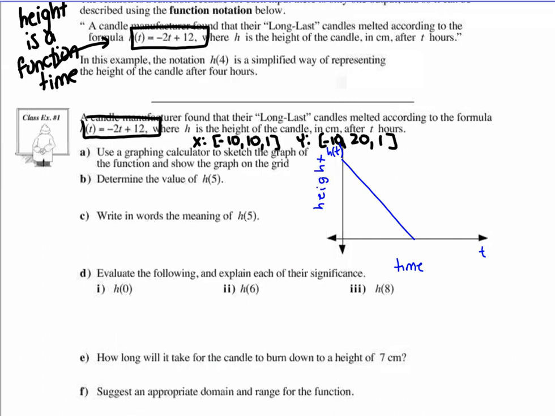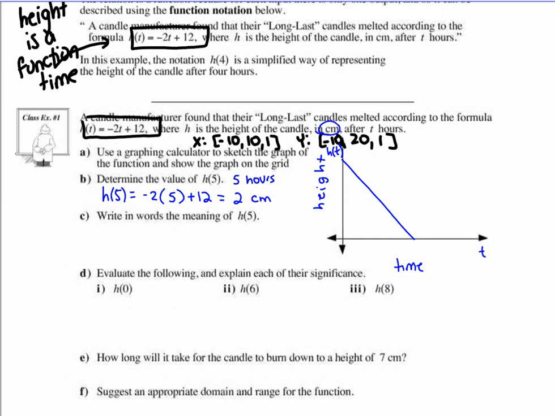It says determine the value of h of 5. So h of 5 would be at 5 hours, because our input, our time, is 5. It's inside the brackets, that's your input. So negative 10 plus 12 equals 2 centimeters, because our height is in centimeters.